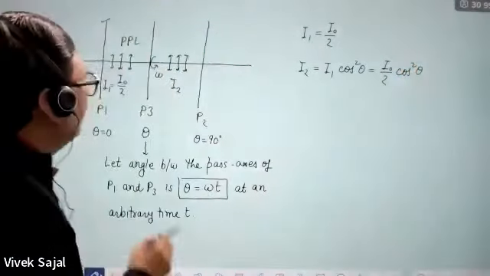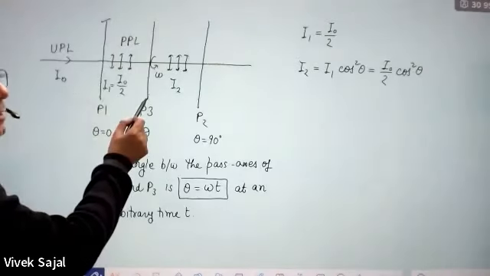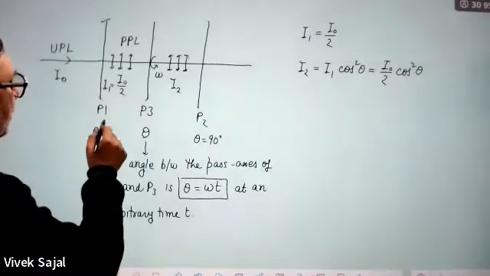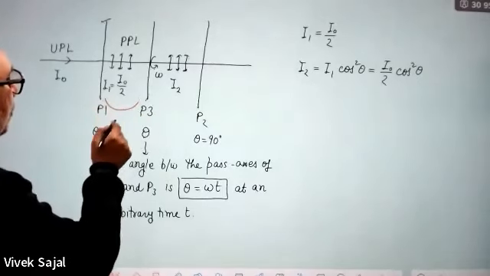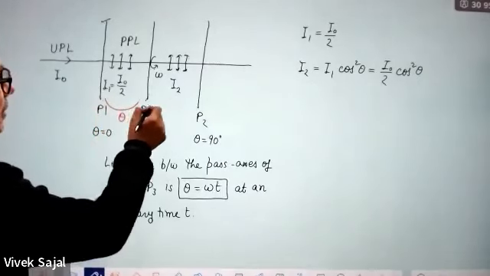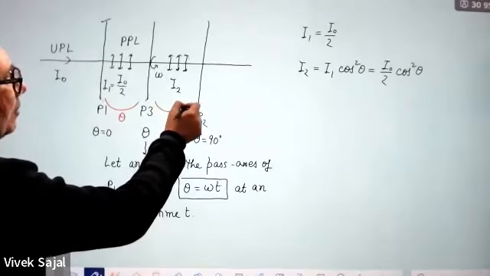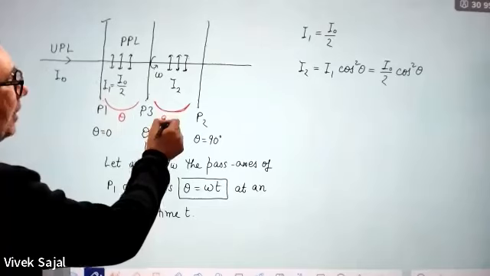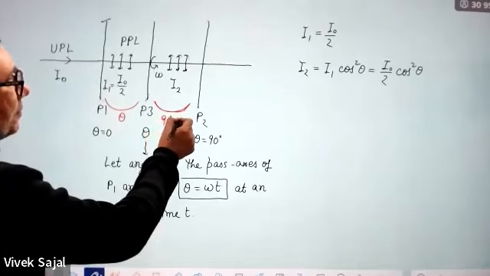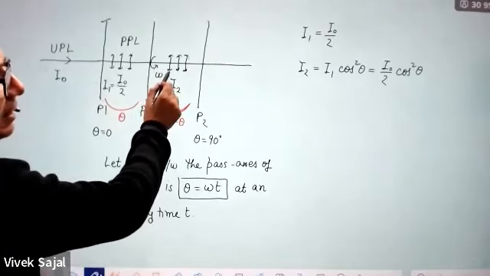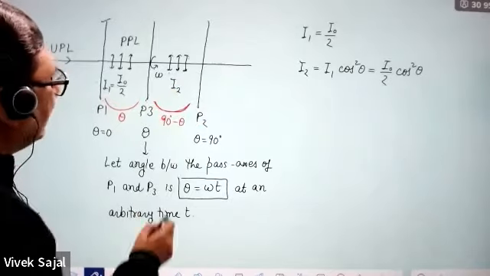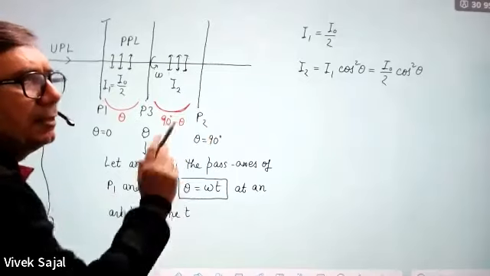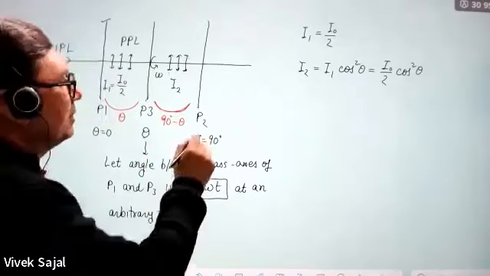So at the instant when the angle between P1 and P3 is theta, what will be the angle between the path axis of this and this? That will be 90 minus theta. So when this light is incident on it, the angle between the electric vectors and the path axis of this will be 90 minus theta.